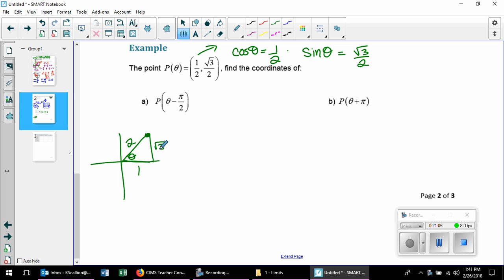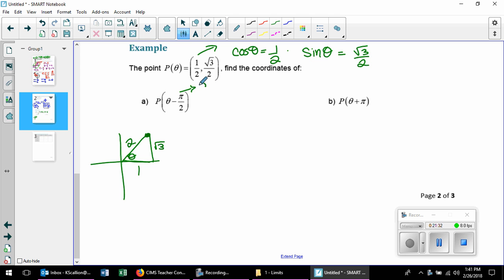In which direction, counterclockwise or clockwise? Clockwise, because you're subtracting, right? If it's in quadrant 1 and I was adding, I'd move into quadrant 2. If I'm adding 90 degrees, I would be continuing on in this positive direction. I'm subtracting, so I'm going to go clockwise this way.